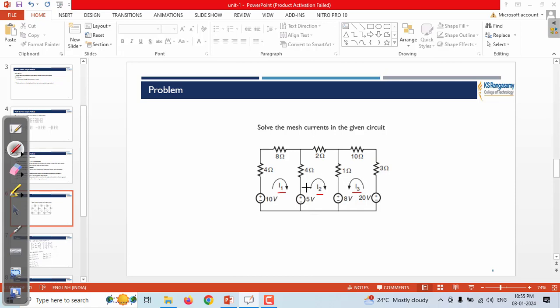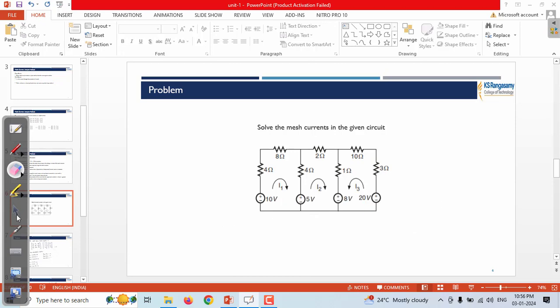The current directions are given in this circuit, so we can use them. Otherwise, we have to draw the current in the corresponding loops based upon the voltage sources given.